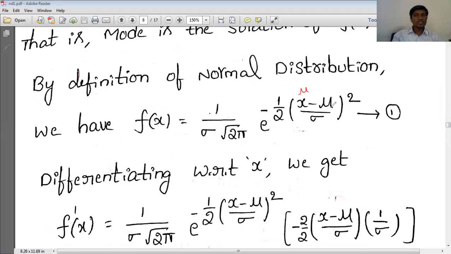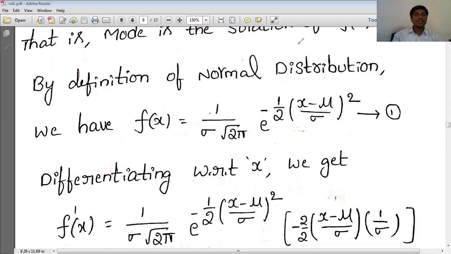Mu minus mu is nothing but 0. So what we'll get here is e power minus 0, or simply e power 0. Anything power 0 is always equal to 1. So 1 into this total value, you are getting 1 by substituting in place of x as mu. Now what about the remaining? Only this is the remaining term, 1 by sigma into square root of 2 pi.